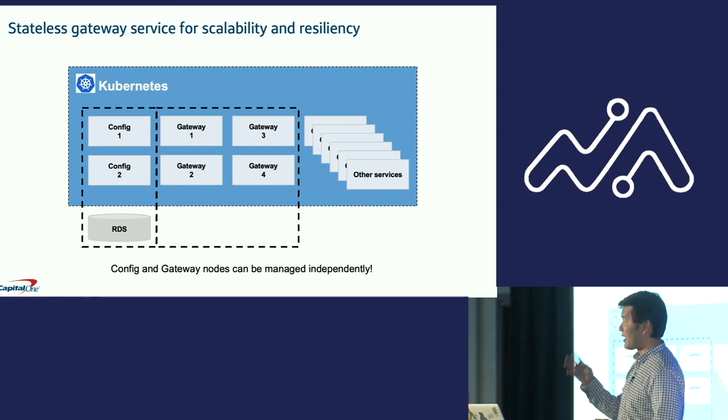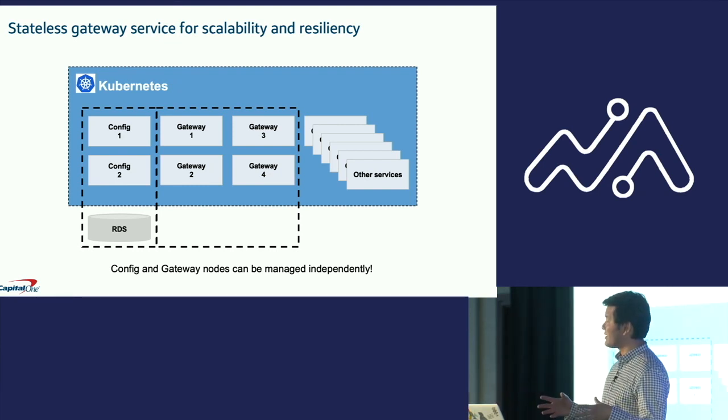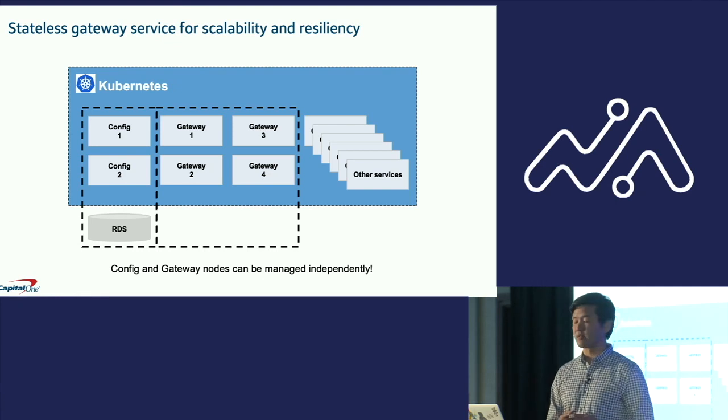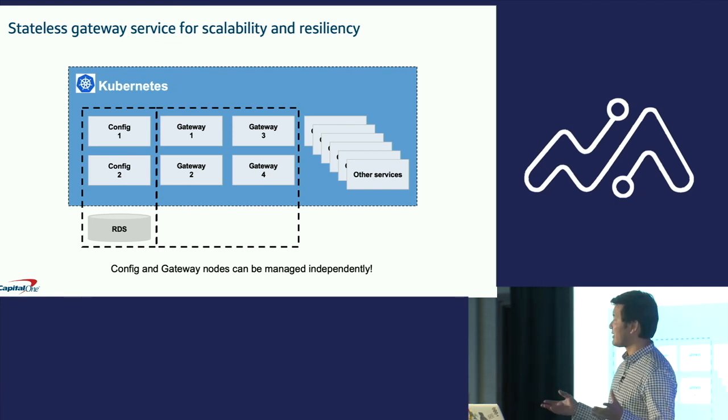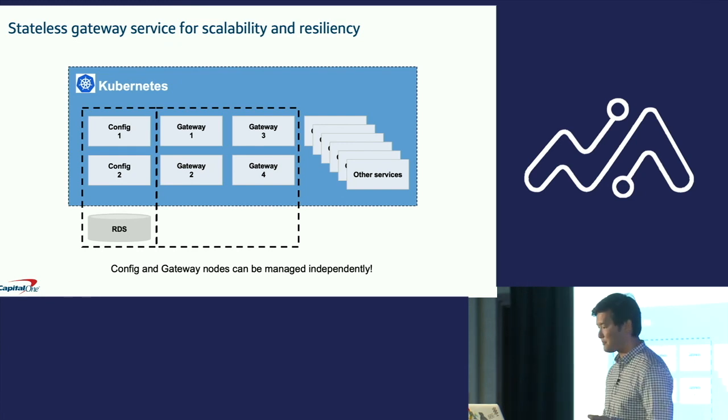These gateways can go up and down for those purposes, or if we need to scale up or down based on load, we can do that as well. All of this is containerized, and we have a Kubernetes cluster deployed on Amazon Web Services, which orchestrates the deployment and resiliency of the containers running in our production.